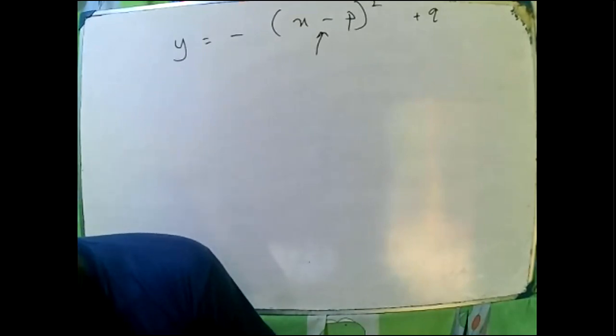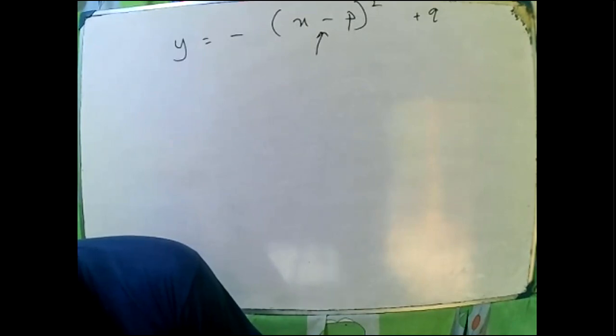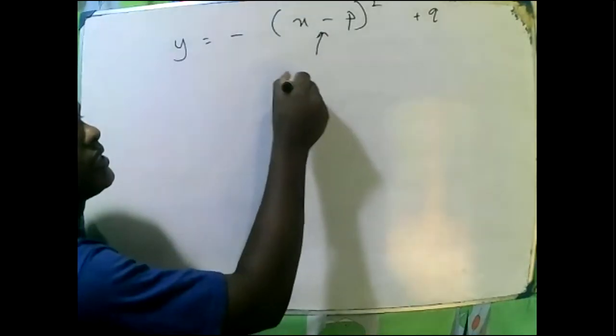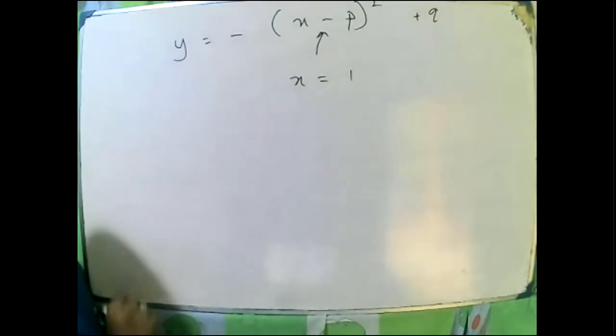Now see the graph. What is the equation of the axis of symmetry? You can see here, it passes through the value x equals 1, right? So our equation of axis of symmetry is x equals 1.